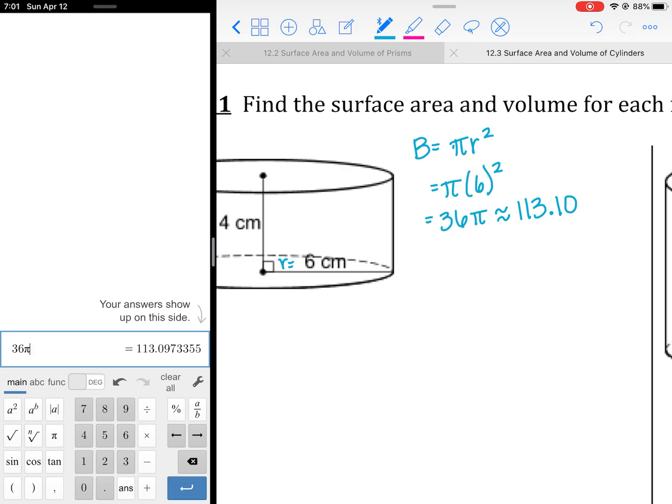The next thing that shows up in my formula for surface area is the circumference. So the circumference is 2 pi times the radius.